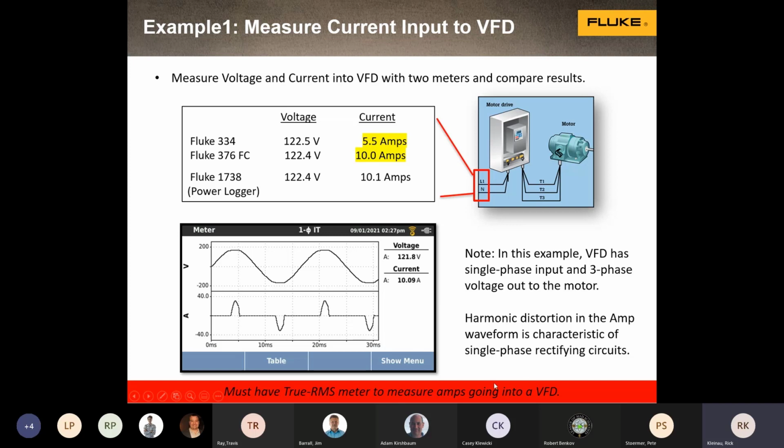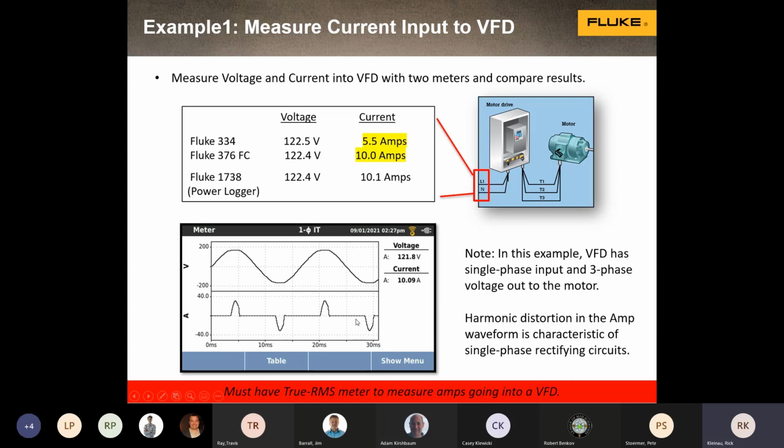Another spec here, I don't have it written down. You see in red, you must have a true RMS meter to measure amps going into a VFD. Another spec, I mentioned it earlier, is the crest factor. We recommend a crest factor of at least 3 if you're working around drives or anywhere there's a nonlinear current like this.